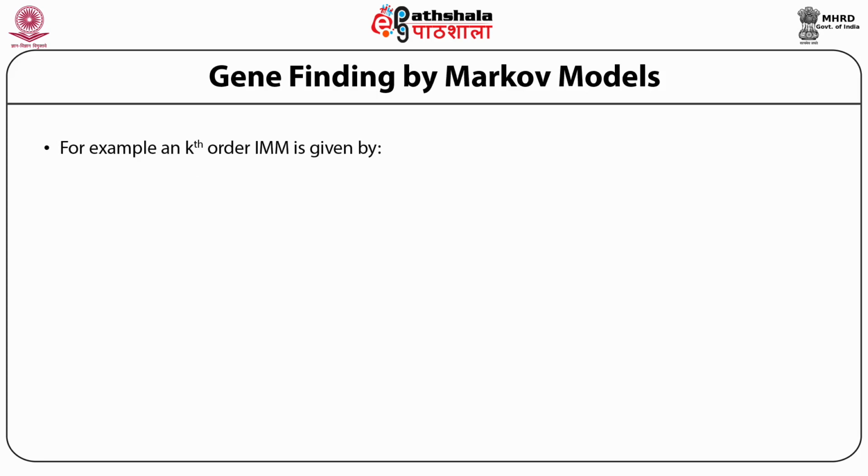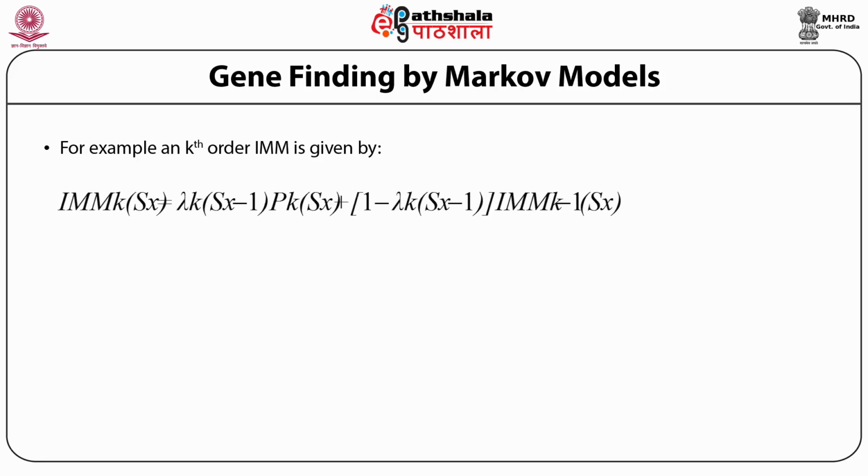In this case, my frequencies are weighted by lambda k wherever it's available. When not available, I use, with a certain weight, a lower order, k minus 1. So in this way, lambda k is a weighting function.